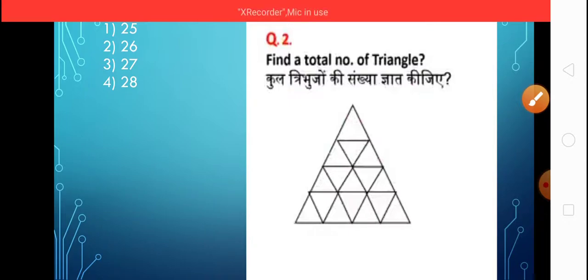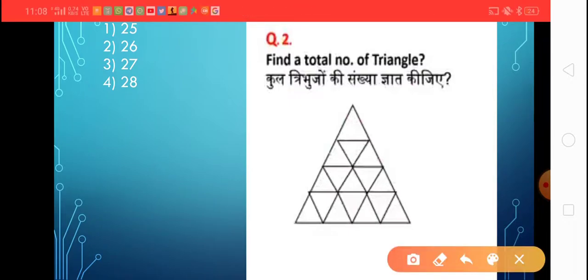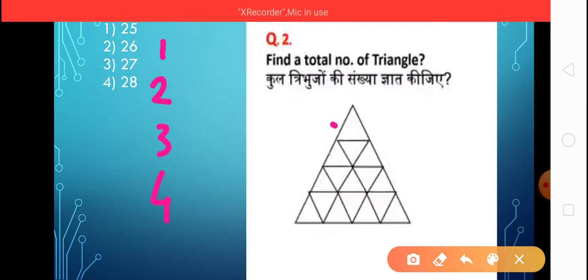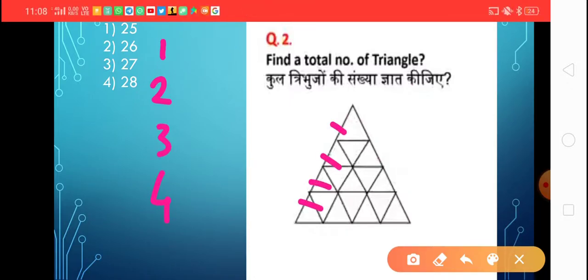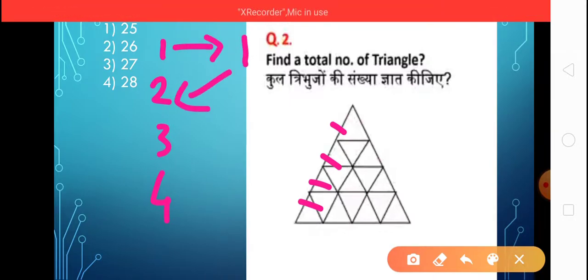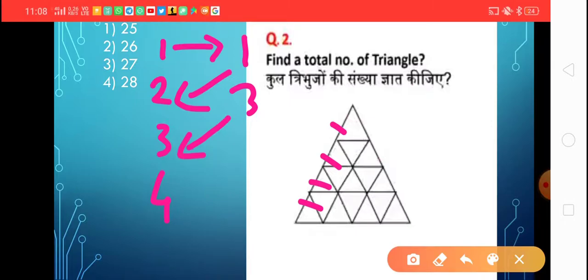I am again explaining it to you. Listen carefully. 1, 2, 3, 4, because 4 parts are there, that's why I have taken this 4. Now 1 plus 2 is 3, 3 plus 3 is 6, 6 plus 4 is 10.